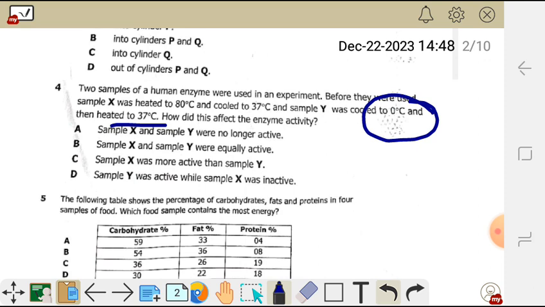So nothing happened to Y. But when it was heated to 37, it became active and continued performing its actions. So we're expecting X to be inactive and Y to be active. So the correct answer here is D.